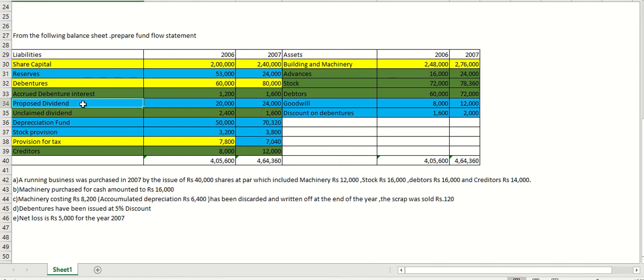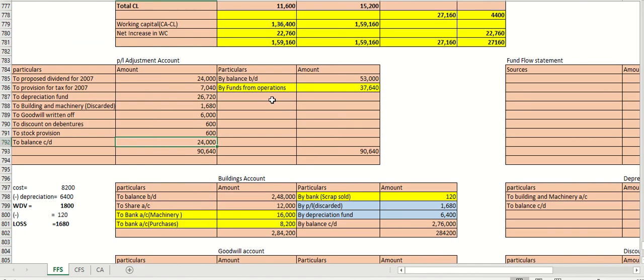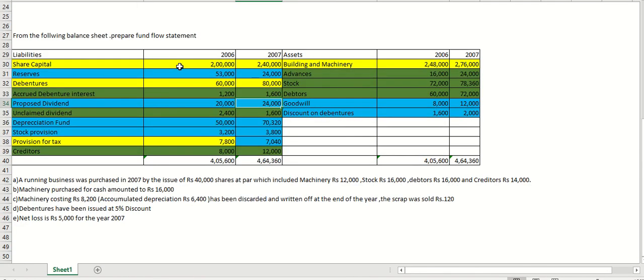Now next, our proposed dividend. The current year proposed dividend, which is 24,000, is taken up as proposed dividend 24,000. The last year dividend, we assume it to be paid. Next, your depreciation fund account 50,000, 70,200.